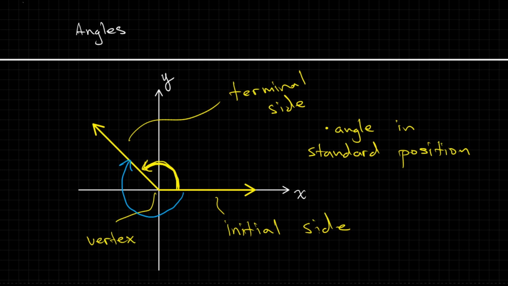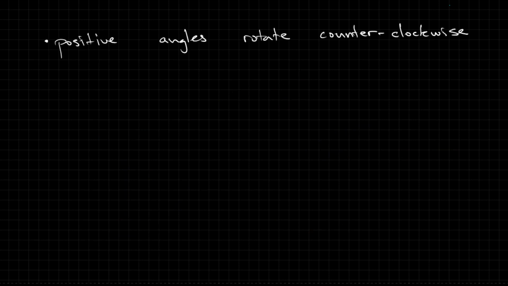And a clockwise rotation results in a negative angle. So the other blue angle is a negative angle. So negative angles rotate clockwise.